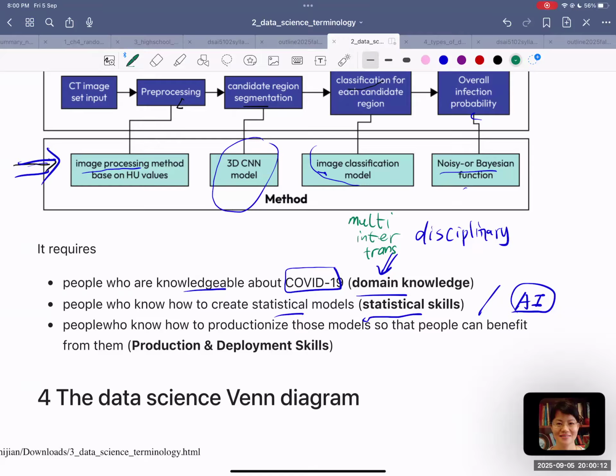For example, in the past, when I collaborated with the eye specialist, I provided the traditional statistical analysis. For example, I used nonparametric regression for them. But right now, when I collaborate with the eye specialist, I have to study what? Study the fundus images, 眼底图片.